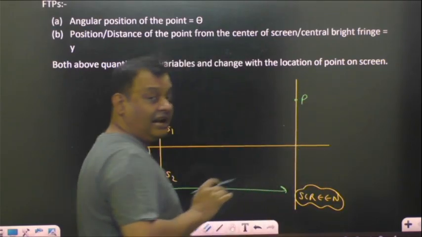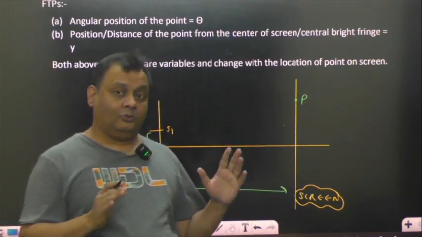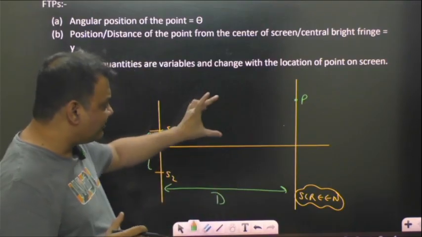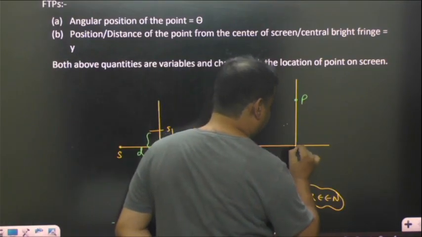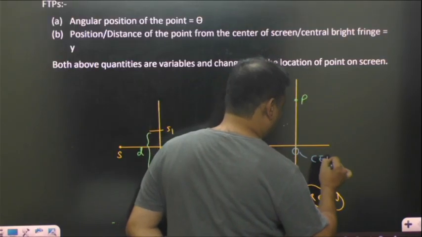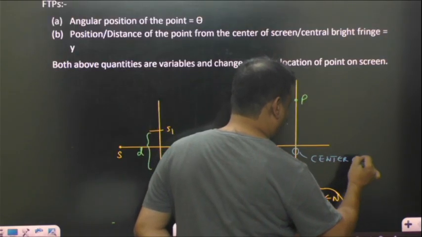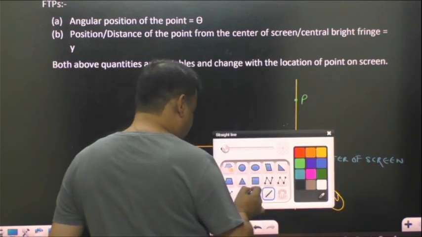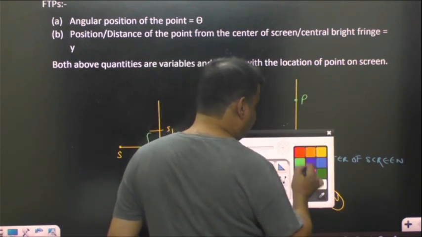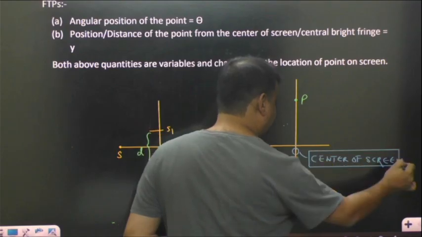So P is identified by two parameters. One is the position of P, or you can say the distance of P from the center of the screen. This is the center of the screen, and we have also seen that maxima or bright fringe is formed at the center of the screen.